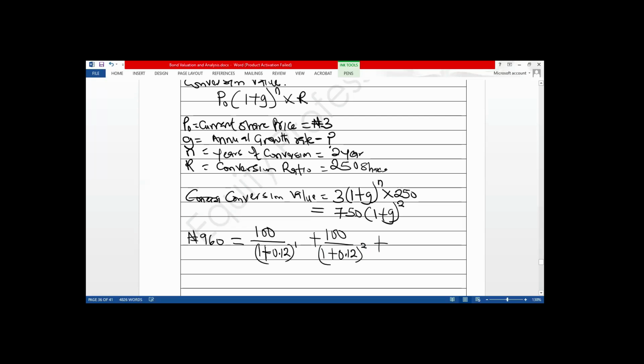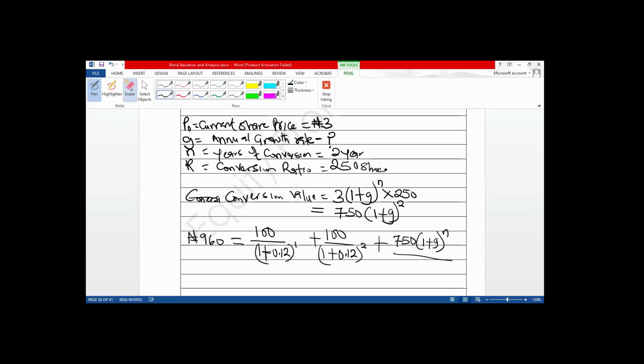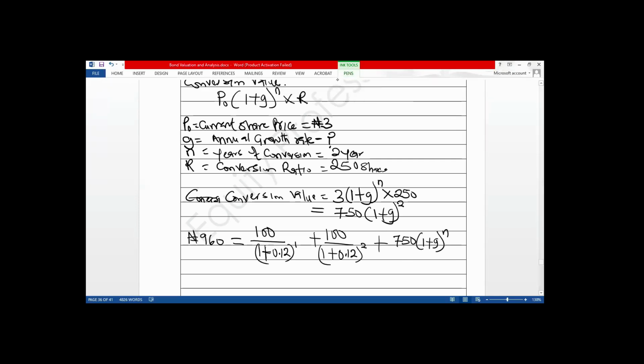Plus, you're also going to get the conversion value in year 2. 750 bracket 1 plus G raised to power 2 divided by 1 plus 0.12 raised to power 2.